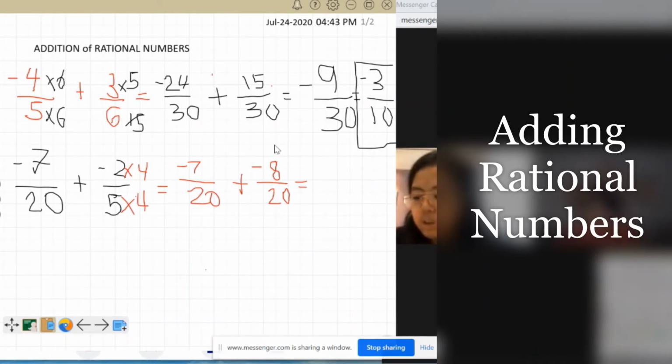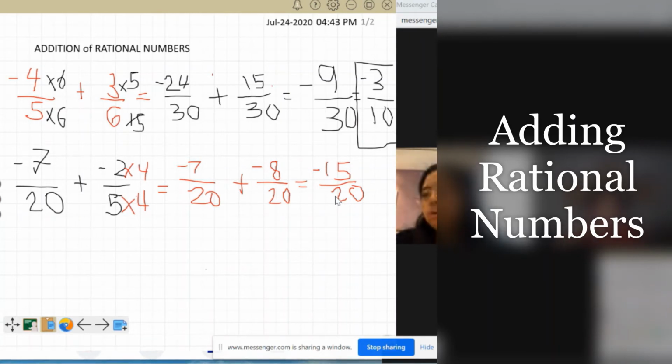So adding them, it will give us what? Negative 7, which is not the answer yet. Negative 15 over 20. Is this the final answer? No. Why?